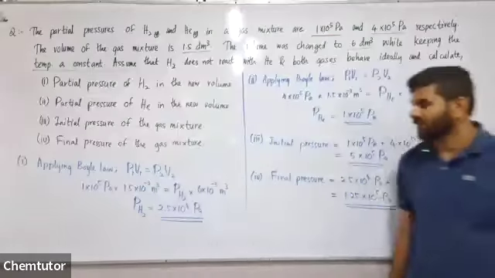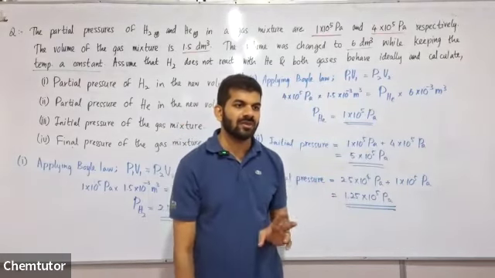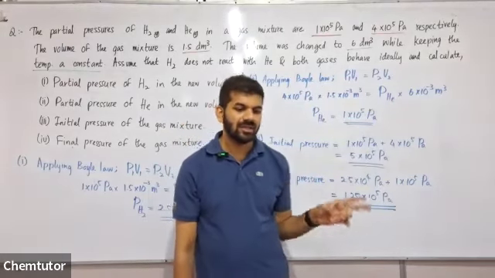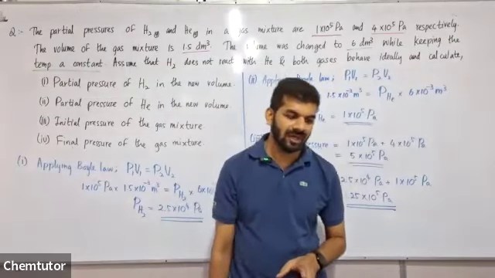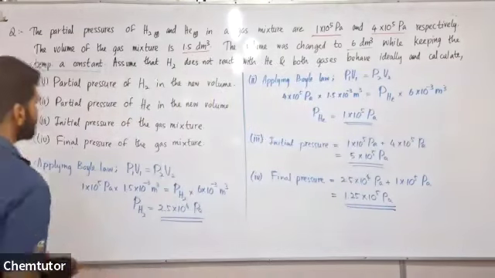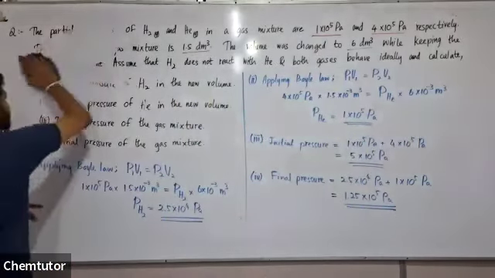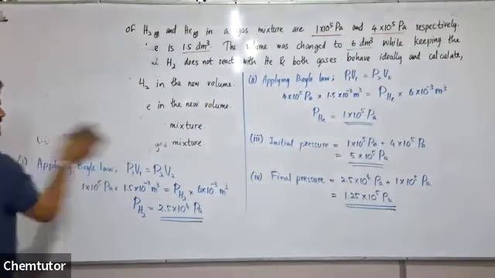Now, in this gas laws unit, there are two main equations. One is the ideal gas equation. The other one is the equation of the molecular kinetic theory. The ideal gas equation we know is PV equals nRT. And the molecular kinetic theory equation is PV equals 1/3 mNc square.